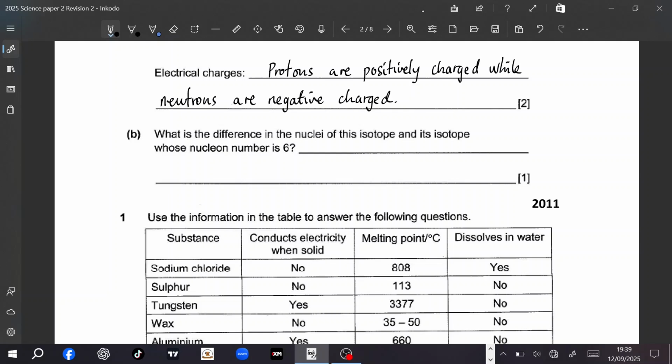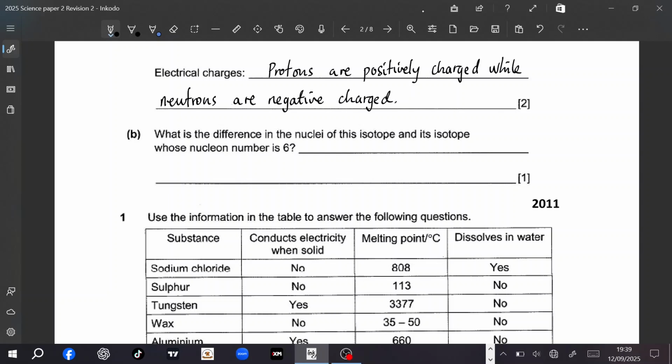Okay, then we come to B. They're saying, what is the difference in the nuclei of this isotope and its isotope whose nucleon number is 6? The way the statement is put here, it doesn't make very much sense, as if this isotope has another isotope.